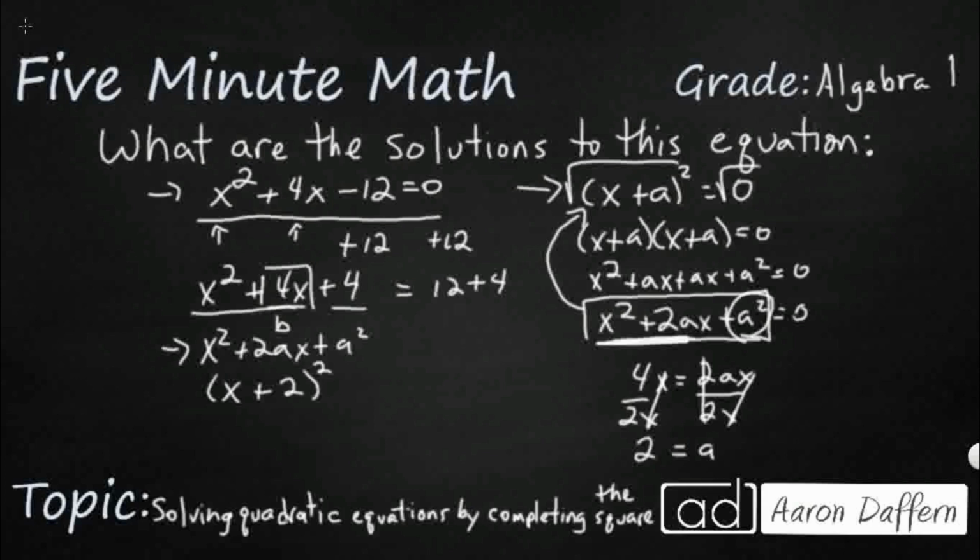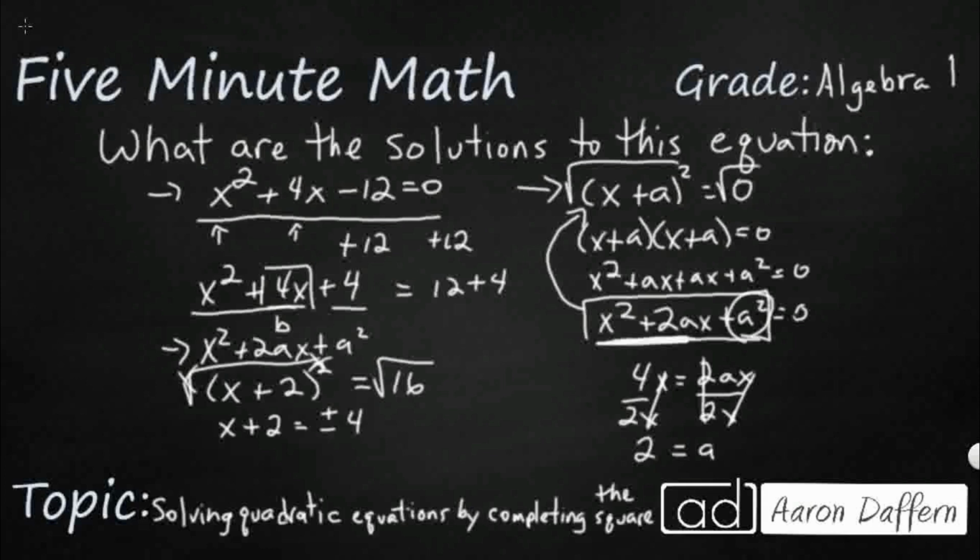So we're good, equals 12 plus 4 is 16. So now let's square root this thing. So the square root's going to cancel themselves out there. So I've got x plus 2 equals, now we need to be careful here. It's not just 4, it's plus or minus 4. Because 4 times 4 makes 16, but negative 4 times negative 4 also makes 16.